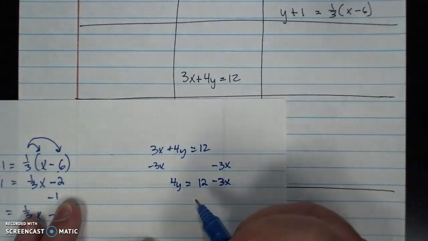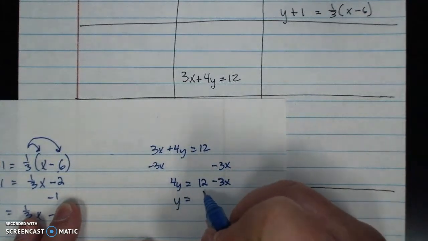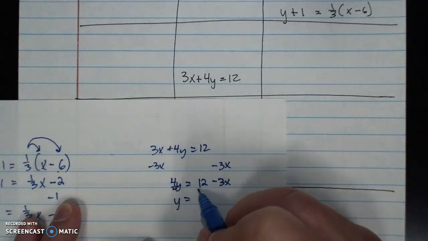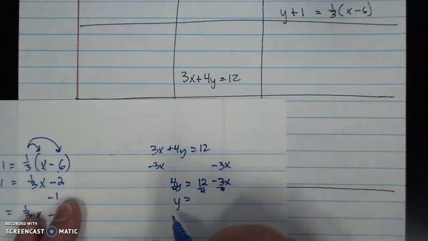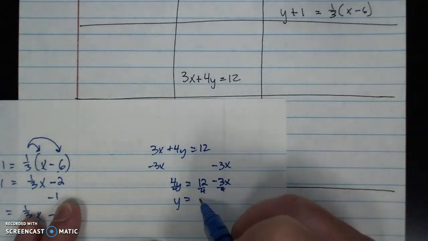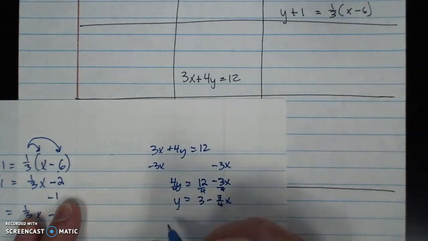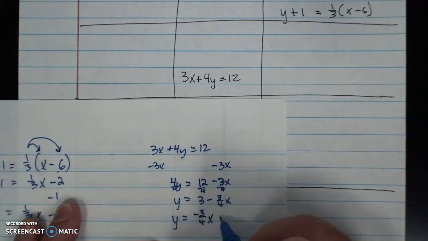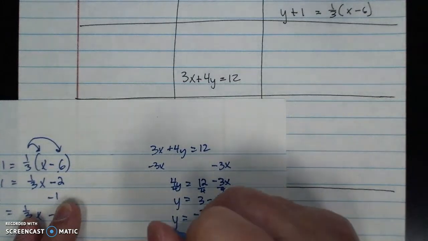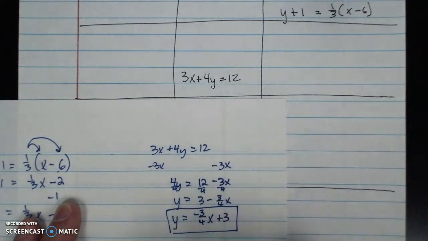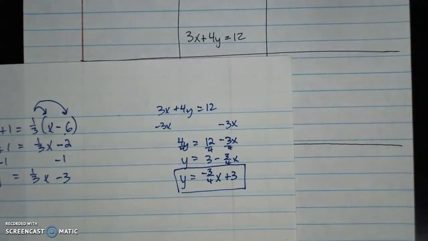Divide everybody by 4. Y equals that divided by 4, that divided by 4, that divided by 4, to get a coefficient of 1, is 3 minus 3/4 x, and then y equals -3/4 x plus 3. So it does have to lead with the y equals.